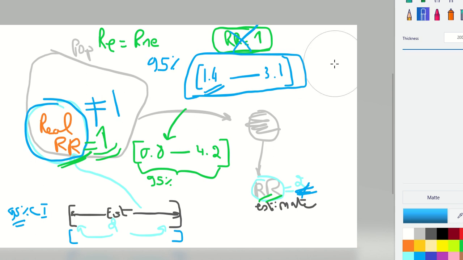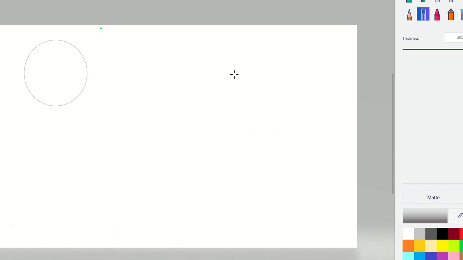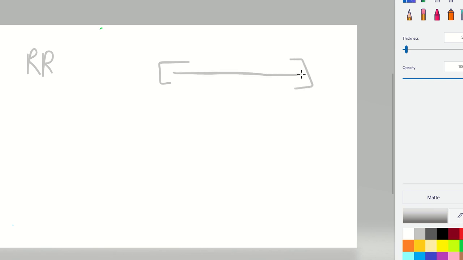So let me recap that quickly. When you're calculating a relative risk, you're calculating it based on your sample. So you have your relative risk in the sample, and then you build around it a fence, and then you look to see if value 1 is included or not.